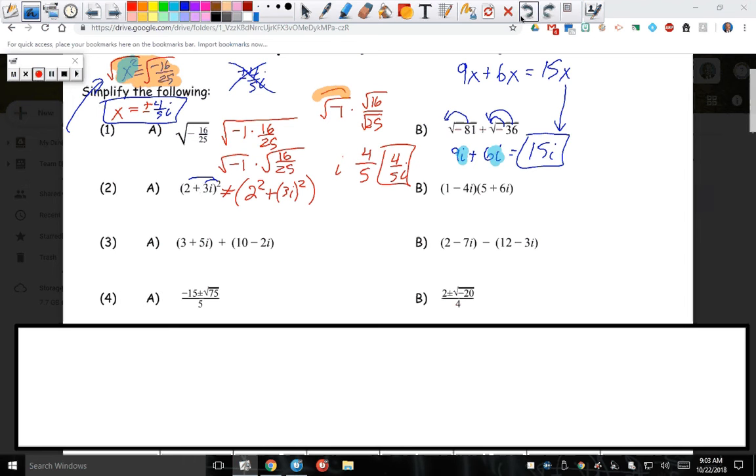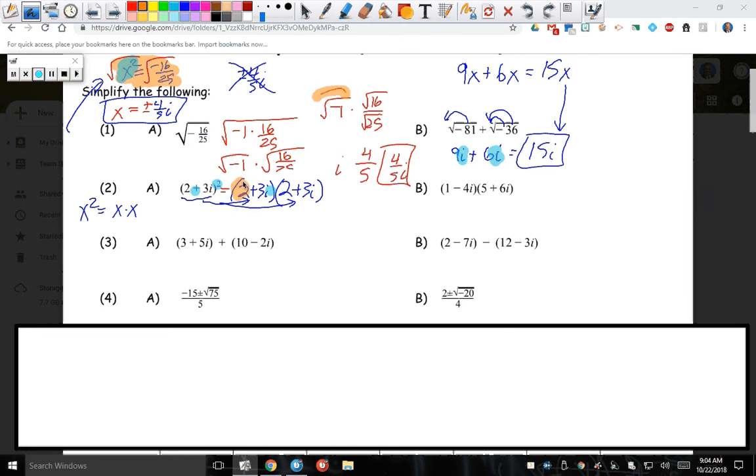Because an addition exists here, this is multiplying a binomial by itself. So it should be interpreted as 2 plus 3i times 2 plus 3i. Like x squared is x times x, because the entire quantity is squared, you write the entire quantity twice. And then from here you would just FOIL out.